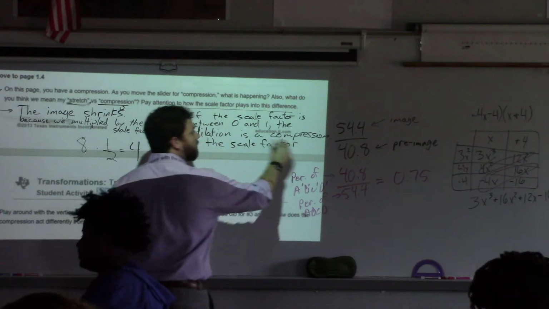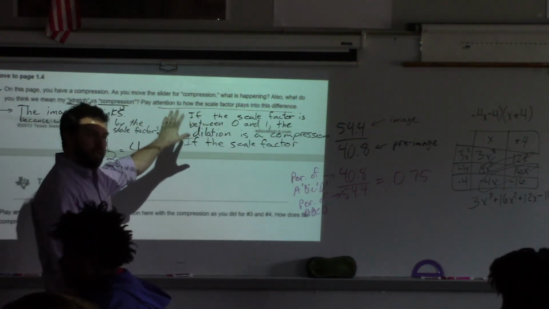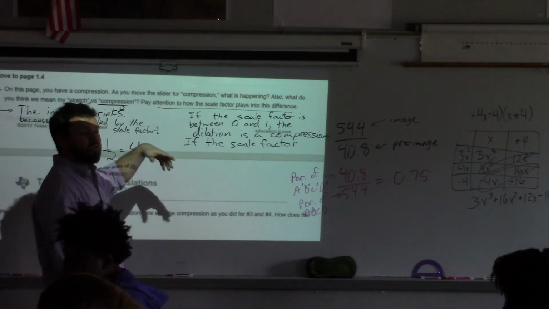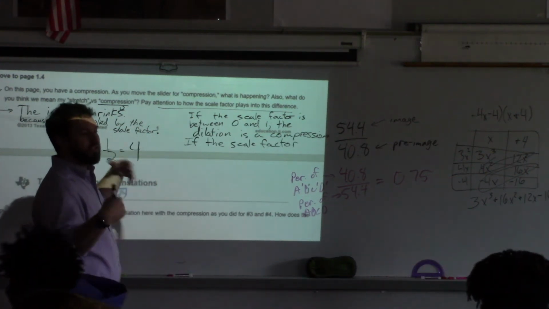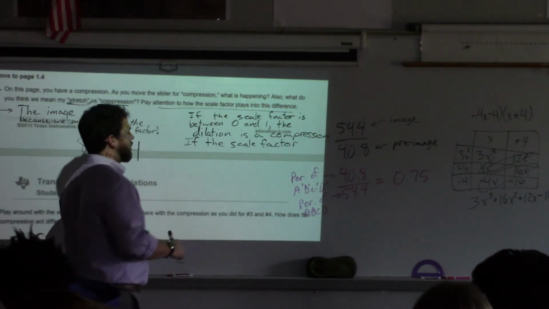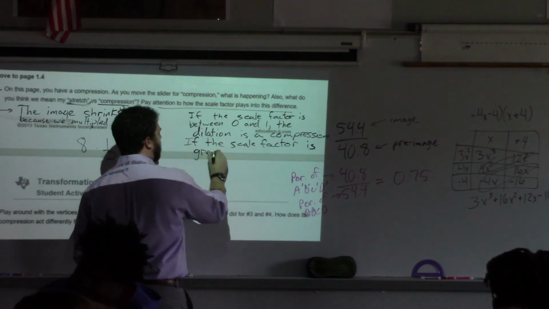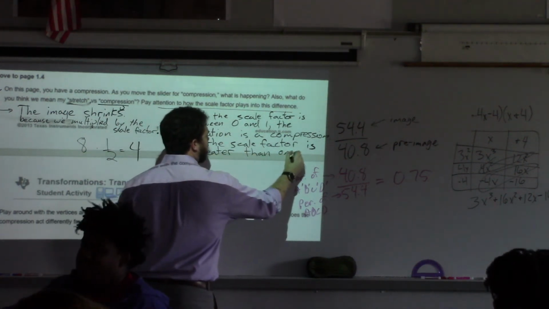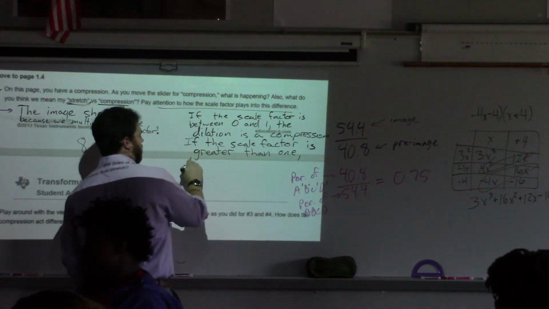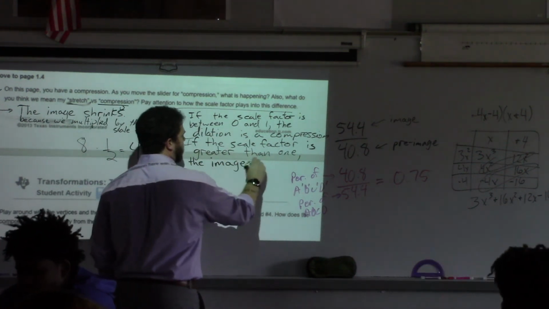By the way, the graphic organizers are built around these questions, so it's really hard to complete the graphic organizers if you don't have notes. If the scale factor is greater than 1, the image stretches.